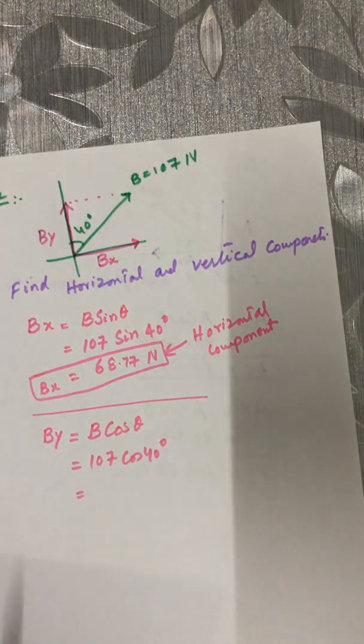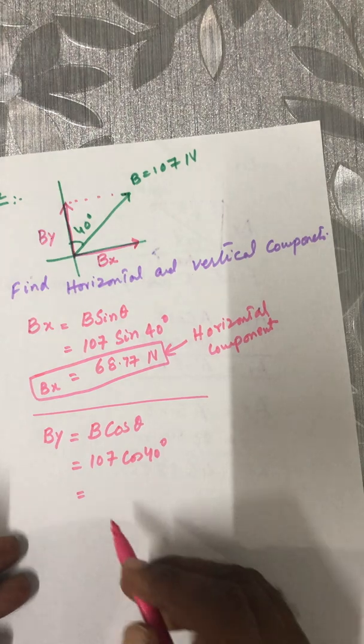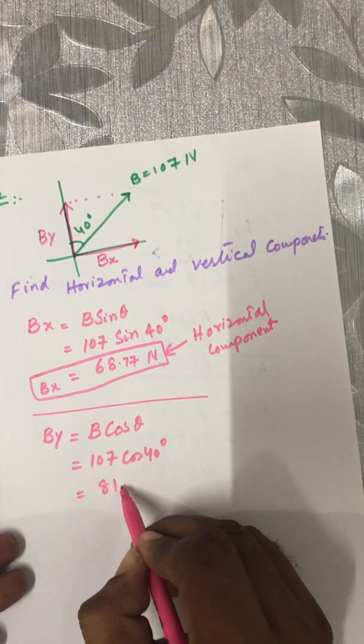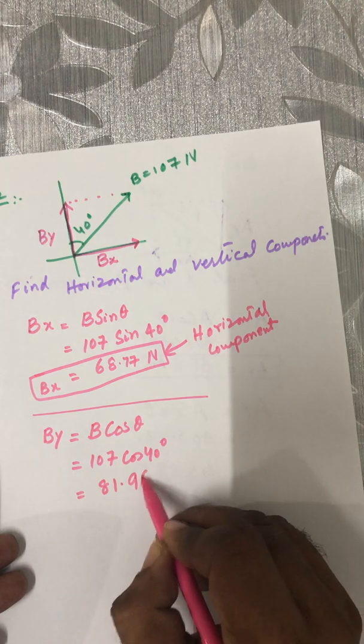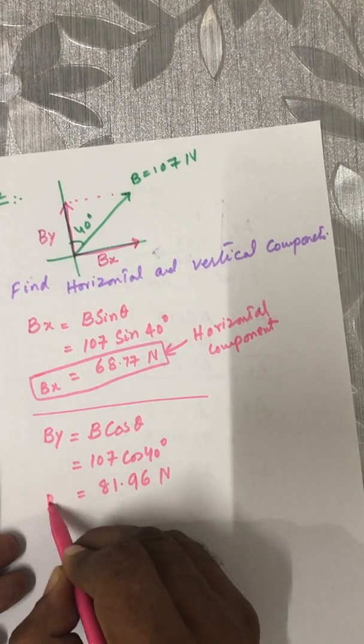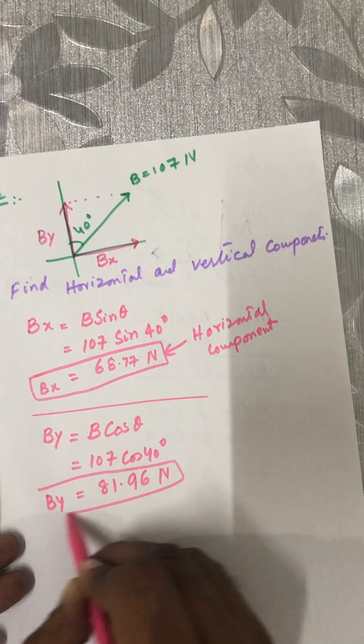Use the calculator. It's very simple, not difficult, you just have to take care whether to use sine or cosine. So this is 81.96 Newton. This is By, so we got the y component also.